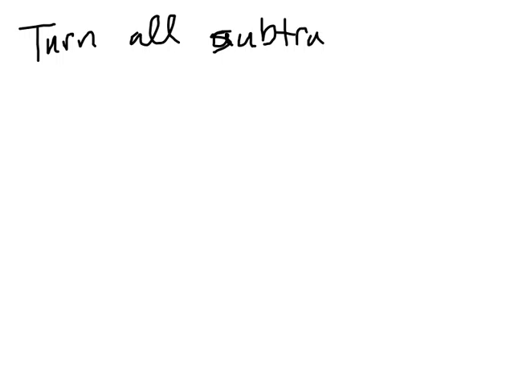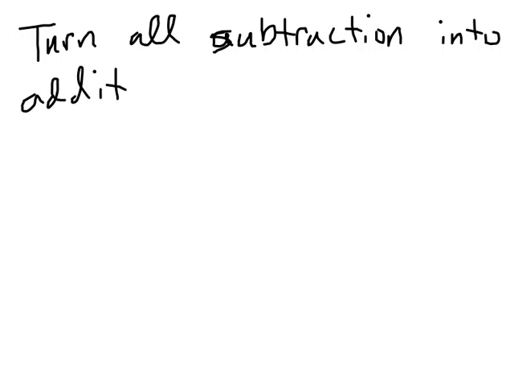The first thing that I want you to think about, I'm going to show you how all this works, is that when you're talking about subtracting negative numbers, you're going to turn all subtraction problems into addition problems.